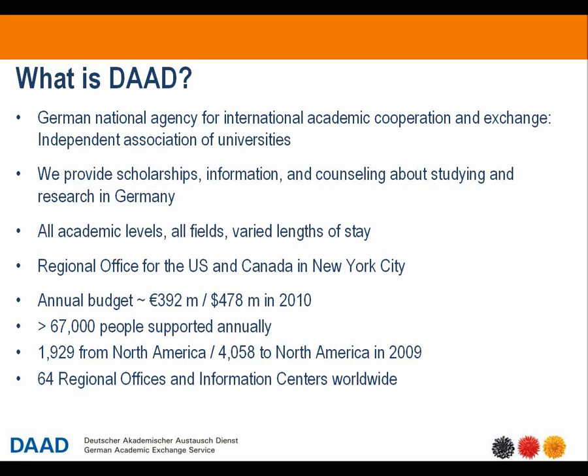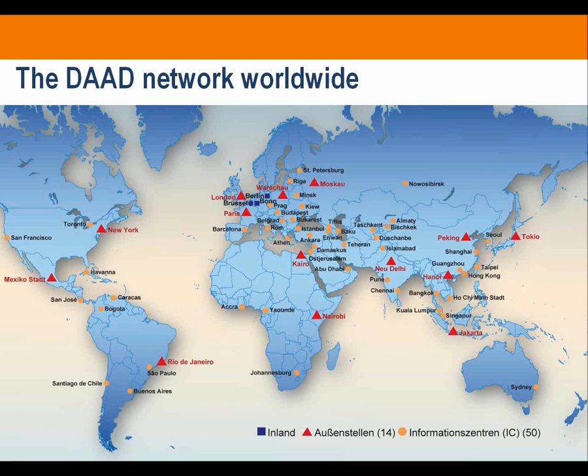And you can see the dimension of our outreach around the world, as well as, equally important, the number of people that we support to go to Germany from the U.S. and Canada. It's just shy of 2,000 people. Here's a map to show you the magnitude of our outreach, where we have our regional offices and where we have our information centers.